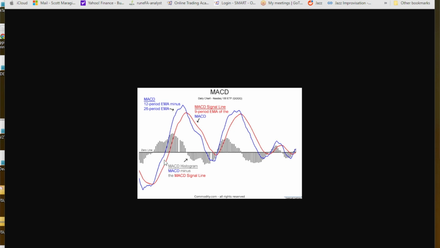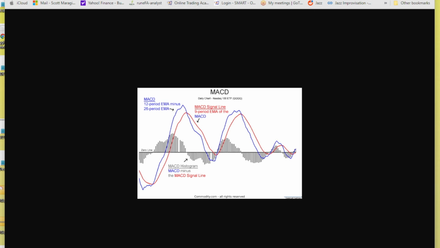When the fast moving average, in this case the blue one, is above the slow moving average, in this case the red one, you can see this MACD has a positive histogram. That will produce, in the way we're looking at it, a positive number. When the fast moving average is below the slow moving average, it'll produce a negative number. Those positive and negative numbers are what they use to make the histogram.